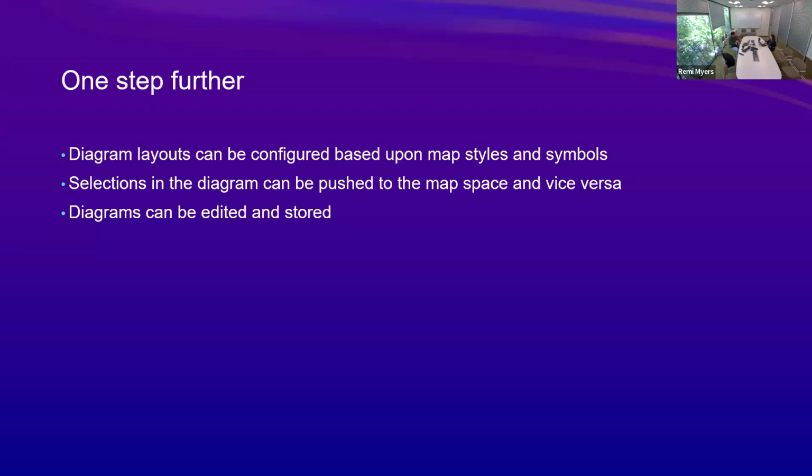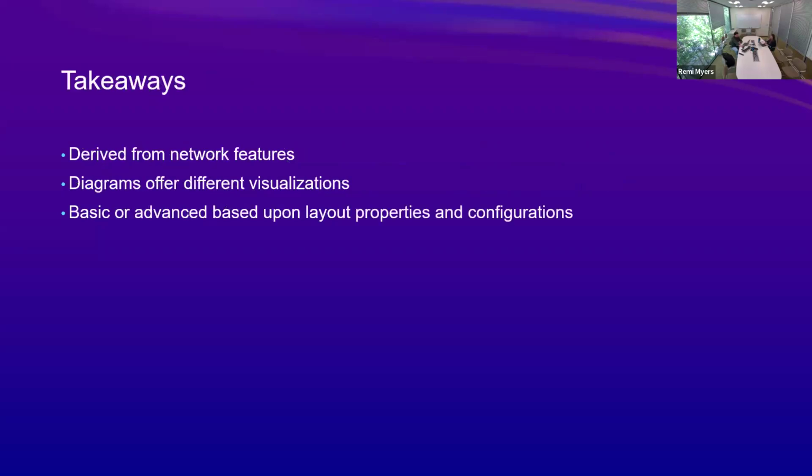I could also go from a map to the diagram, and I've got the ability to edit and store those diagrams as needed. So what are the takeaways from diagrams? First, they're derived from network features. These diagrams offer a wide range of visualizations.